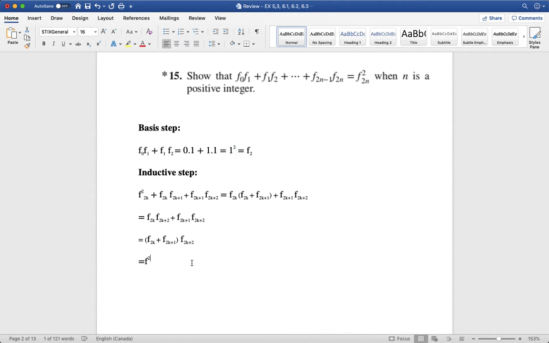So therefore, at the end, we proved that this statement holds. Hence proved by induction.